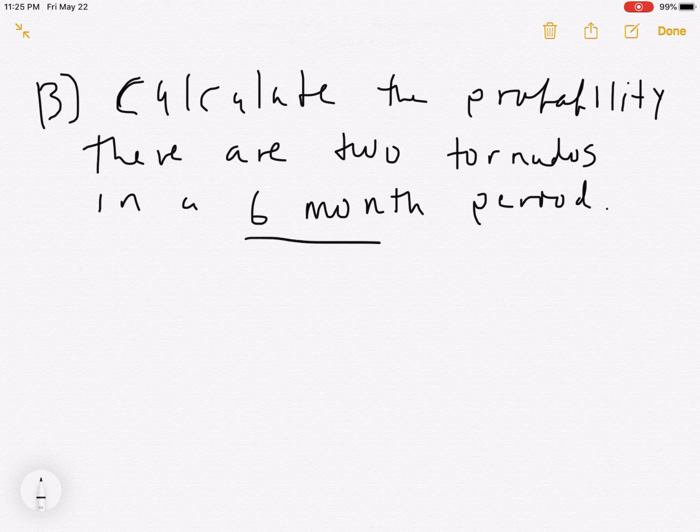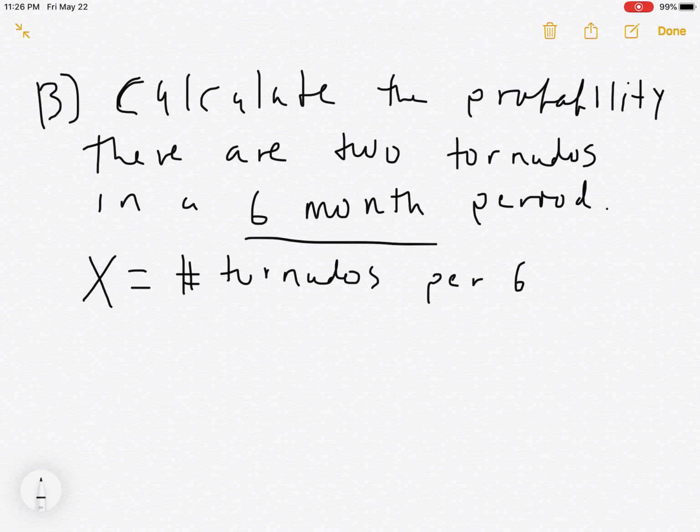So now something interesting occurred. The unit of time is 6 months. That has to match the random variable X. X is the number of tornadoes per 6 months.